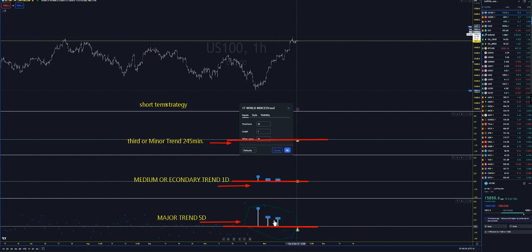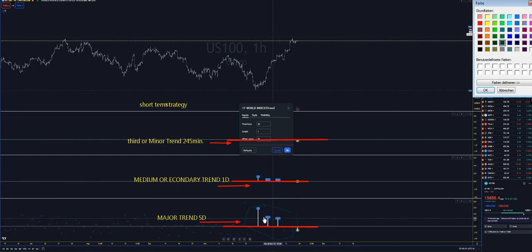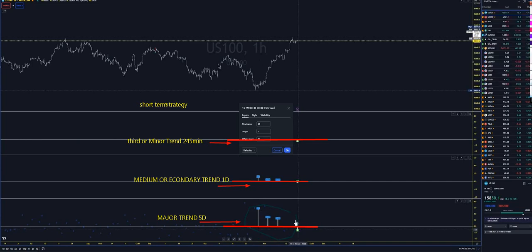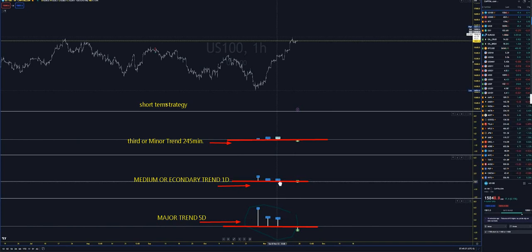If, like this one, the 5D is all the time, the indices are above zero and Dixie below, it means that the trend is up, and this is temporary. We wait until daily is going above zero, and also the minor trend is above zero, and then we can add our positions.